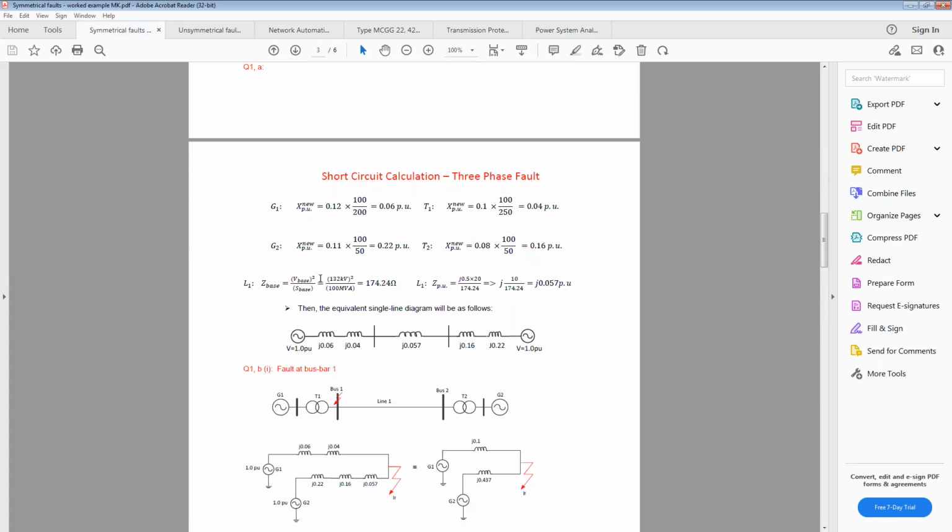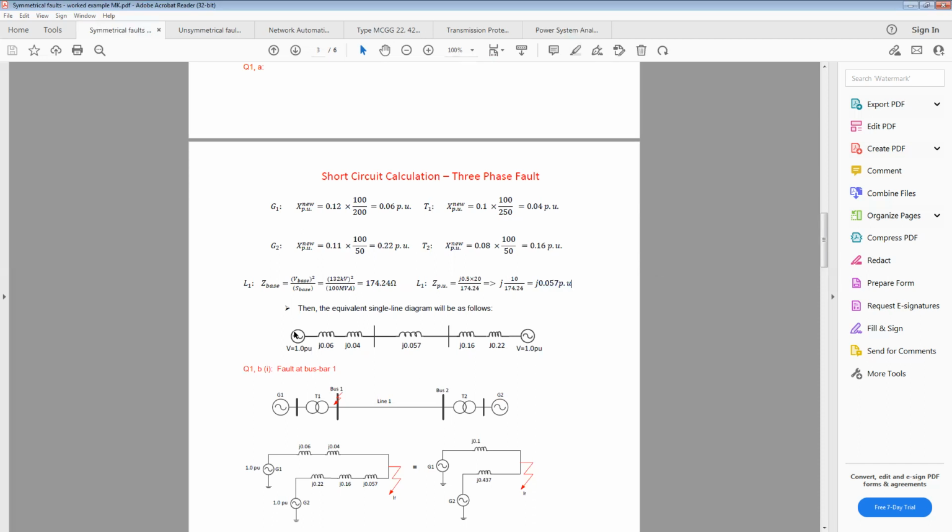The line voltage is 130 kV, and so now we have a base impedance of 174. Since the parameter is per kilometer, we multiply the actual parameter by 20 kilometers, divided by the base, so we have 0.5 ohm times 20, which is 10 ohm, divided by the base impedance, which will be 0.057 per unit. Okay, so everything is calculated now.